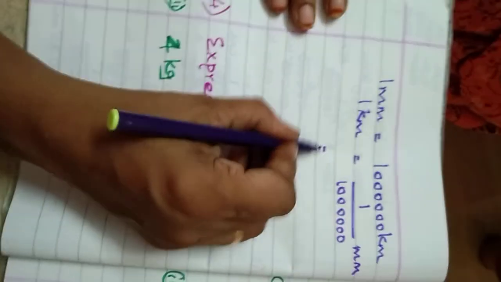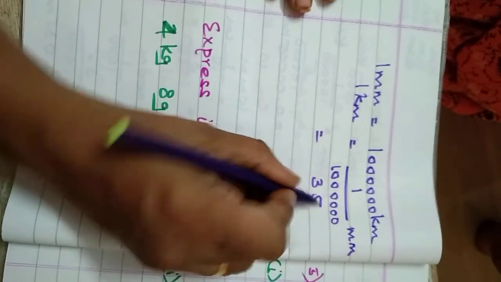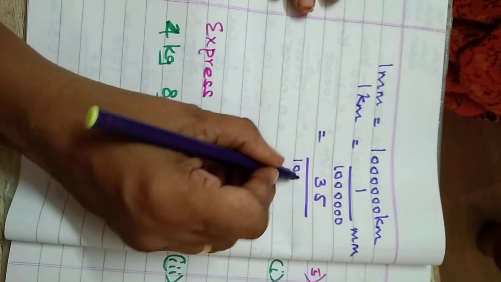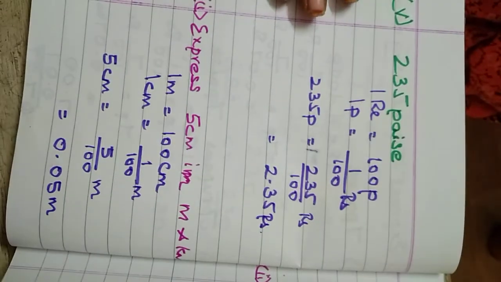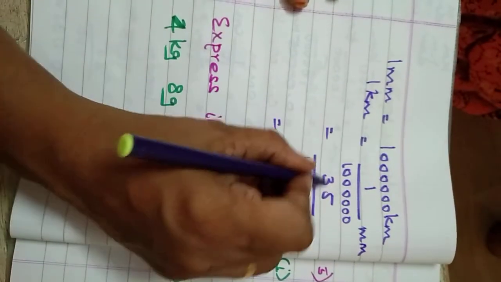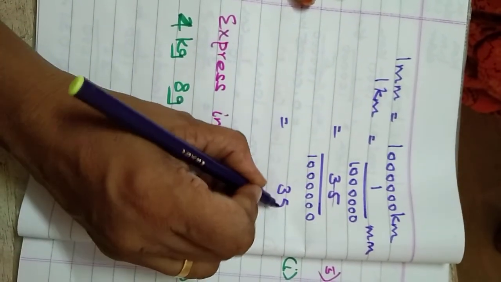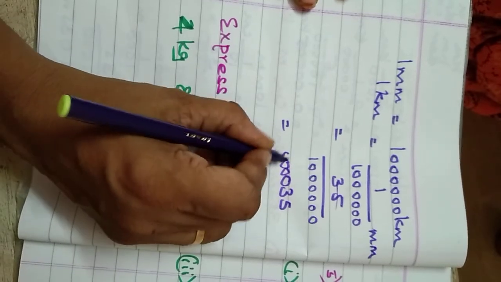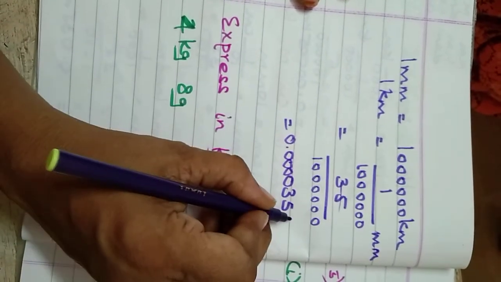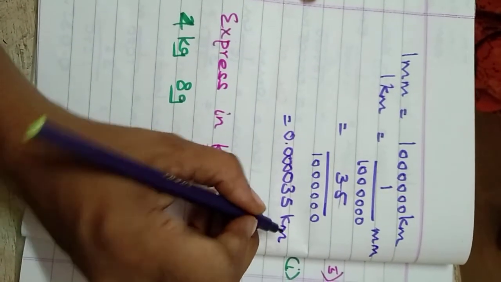Now 35, with 6 zeros, you have two numbers. So write the two numbers, 2 zeros have gone, 4 zeros: 1, 2, 3, 4. So 0.00035 kilometer.